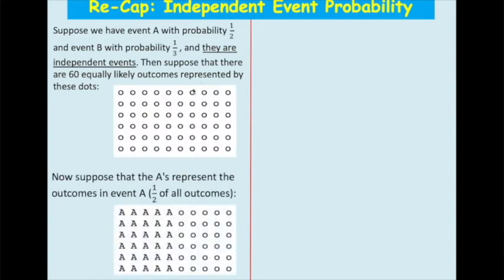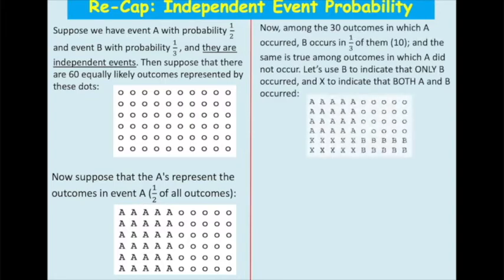Then, knowing the probability of event A is equal to 1/2, we can label half of the sample space with A's. Remember, the probability of event A occurring is 1/2, therefore half of these has to be A's.